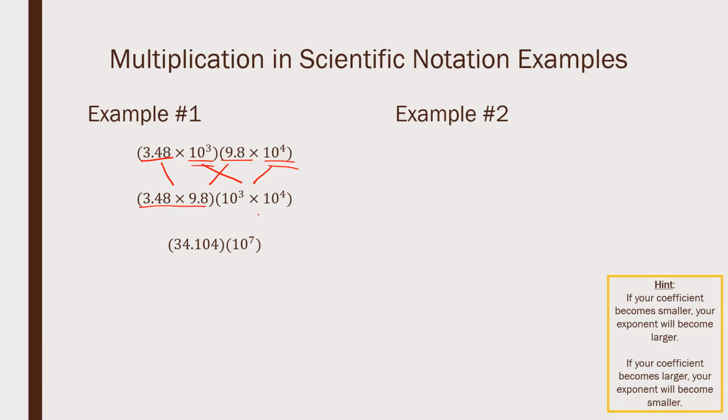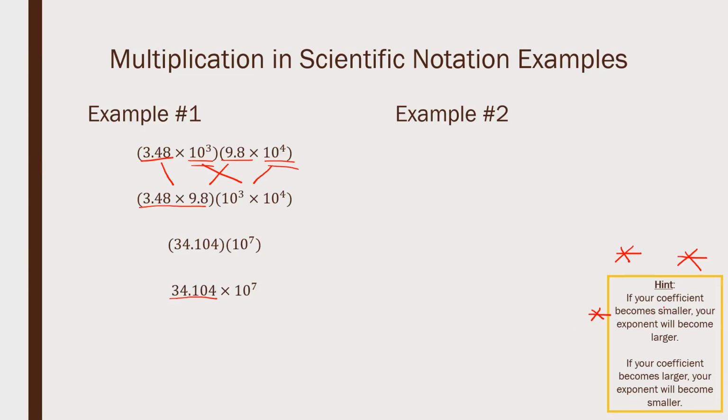And to start getting this in scientific notation form, we can separate it now. Instead of using the parentheses, we can use the times sign. But this is a problem right here. As you can see, that's not in scientific notation. We have 2 digits to the left of the decimal. We need to move the decimal over one place so that number is between 1 and 10. Now when we do that, this number becomes smaller, and I've got a couple of hints over here that I would highly suggest writing down.